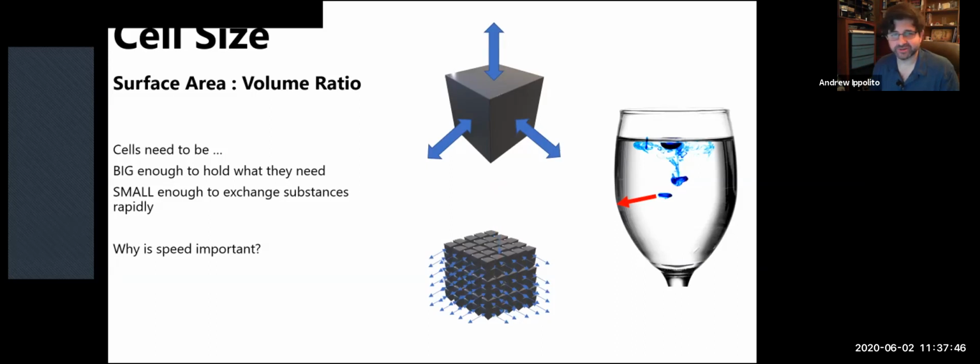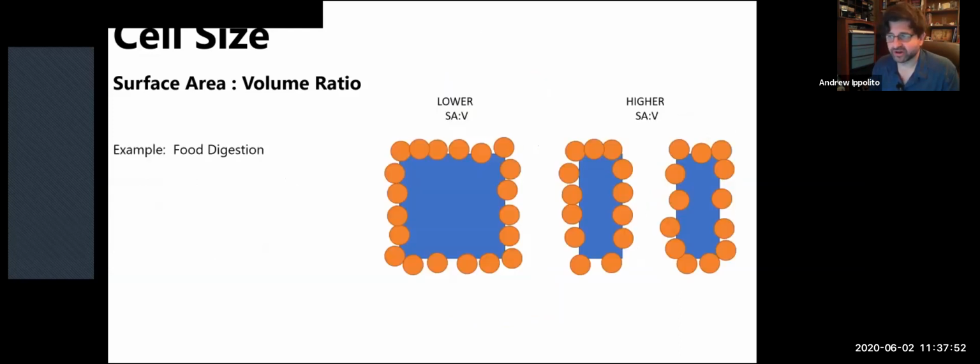So the key is being able to get into the core, to get more surface area for exchanging things. Another way to think of it is if I had this blue square on the left, imagine you eat some food and you swallowed it whole. You didn't chew well enough. The orange dots represent the enzymes that will eat it. It's going to take a while to digest it from the outside. Whereas if you cut it in half, you now have access to this area where you didn't before, where you can also digest it.